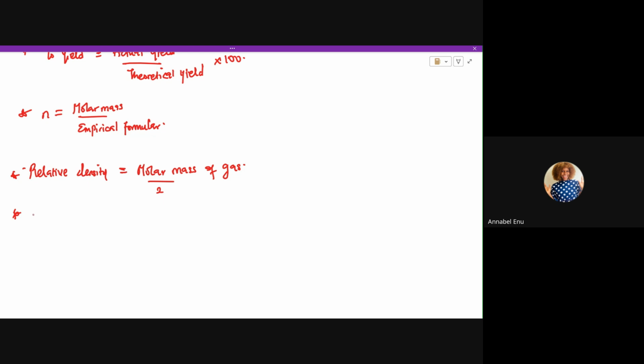So that's a kind of relationship formula. And then we also have number of mole equals number of particles divided by Avogadro's number, and number of particles equals number of mole times Avogadro's number, for example divided by 2 times 10 to the power 23 particles.